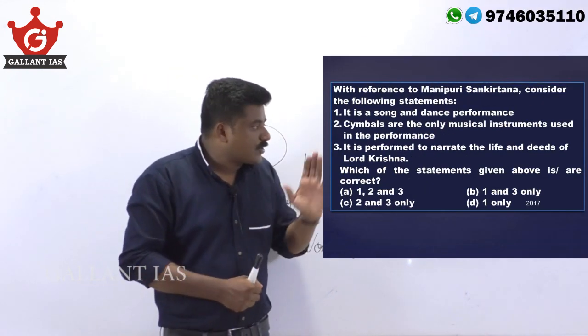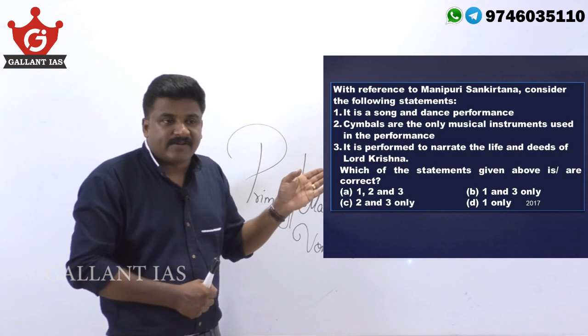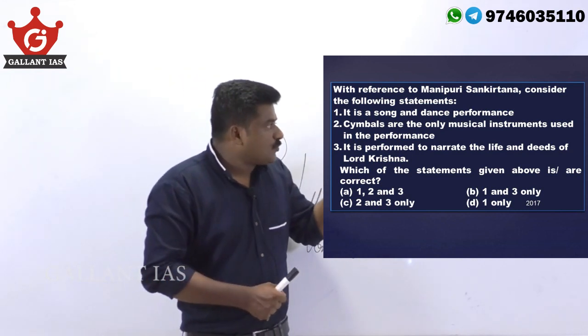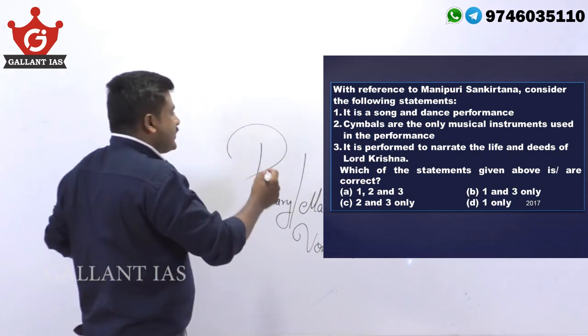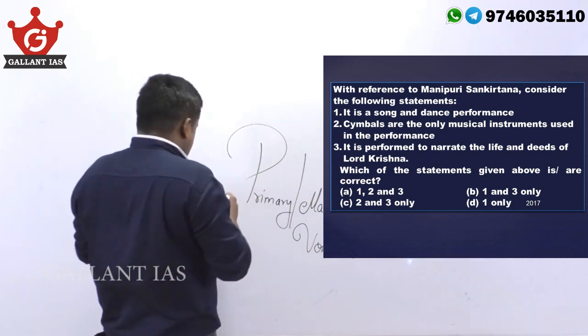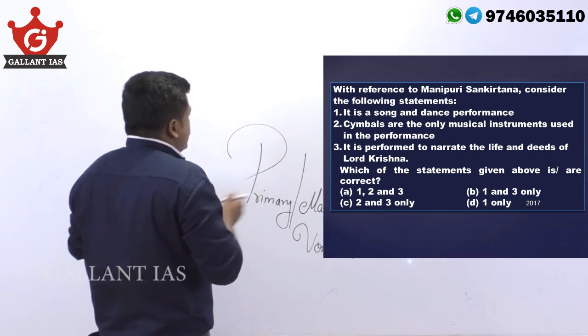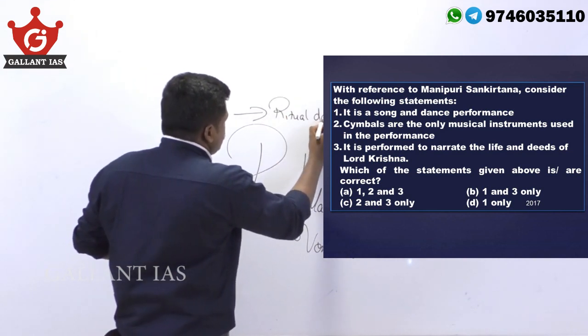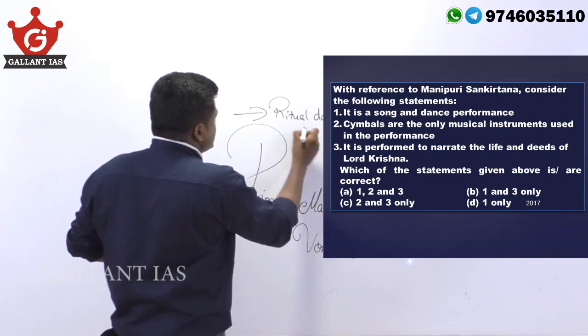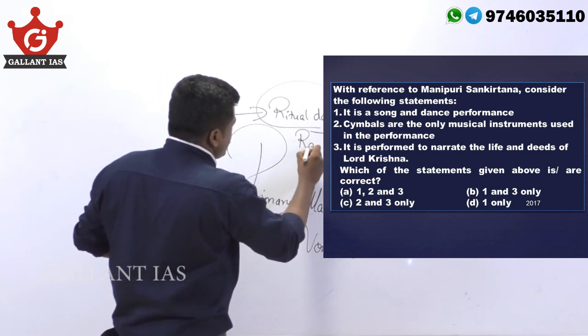Now, Manipuri Sankirtana. This was a question I think UPSC asked in 2017. With reference to Manipuri Sankirtana, consider the following statements. You know that Manipuri Sankirtana is a ritual dance. Ritual dance means definitely this is religious.